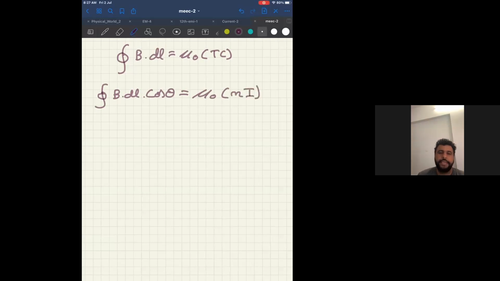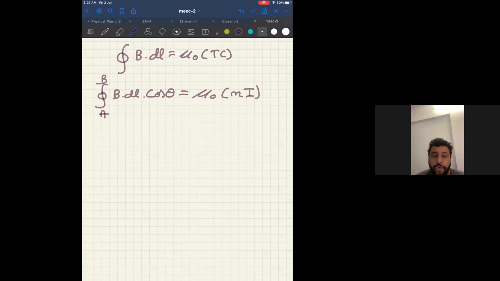And can I say in this case my total current will be Ni? And my closed integration will have to go from A to B because I want to find the axis. I want to find magnetic induction along the axis. What is the axis? A to B.